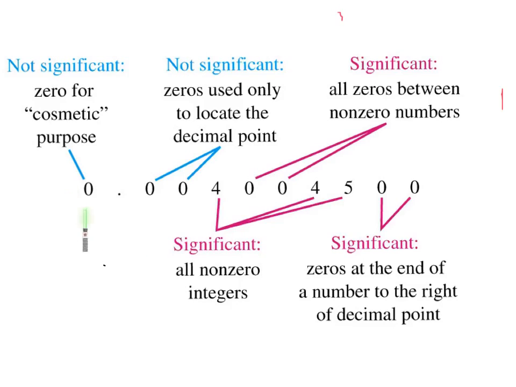We have zeros in the front. We have some numbers surrounding zeros. And here at the end, we even have some trailing zeros. So when we get done with our graphic organizer, we're going to understand what numbers are significant and what numbers aren't.